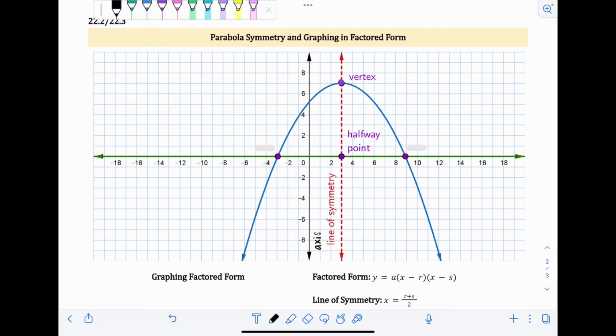So you can see that green line is the x-axis, and those 2 points where it's crossing are considered a 0. And that's what they're called because if you think about this point right here, this is the point -3, 0. And then this is the point 9, 0. So it's the value that makes y equal 0, or the point that makes the y coordinate 0, is called a 0. You'll see that come up throughout the rest of this class and throughout Algebra 2 as well.